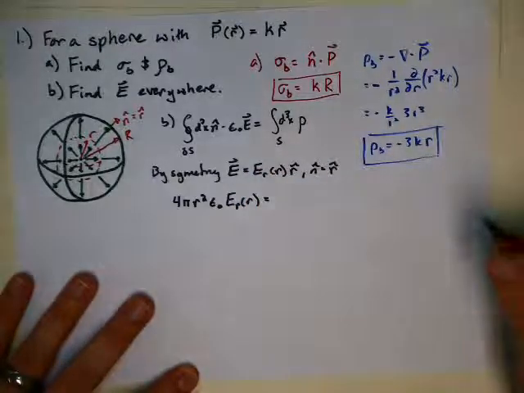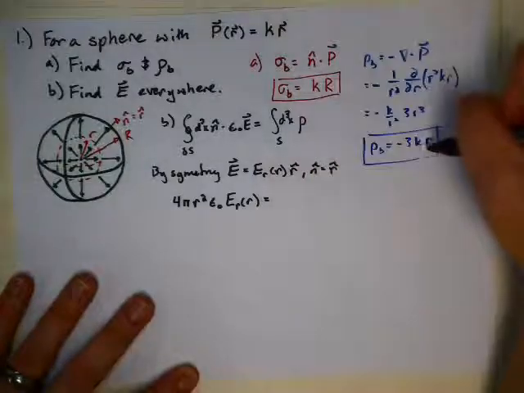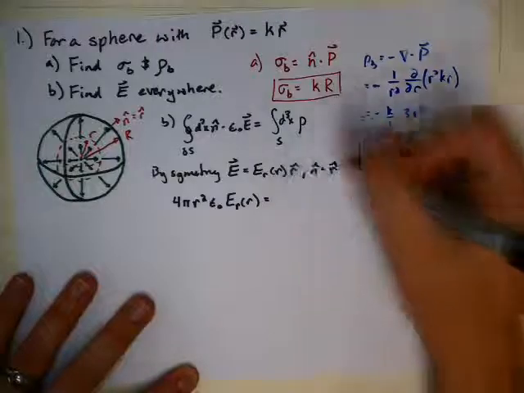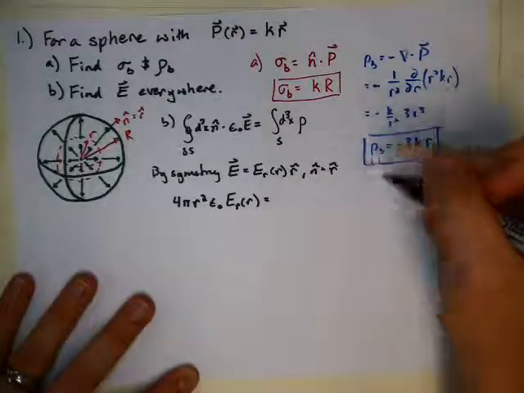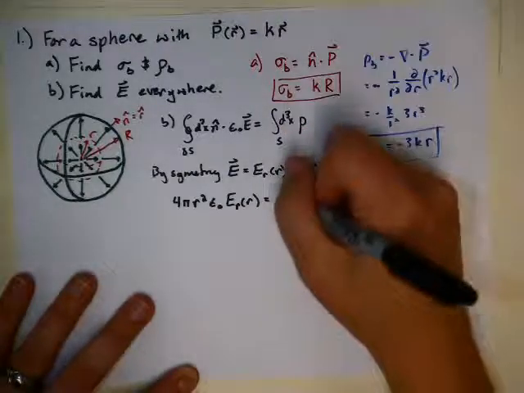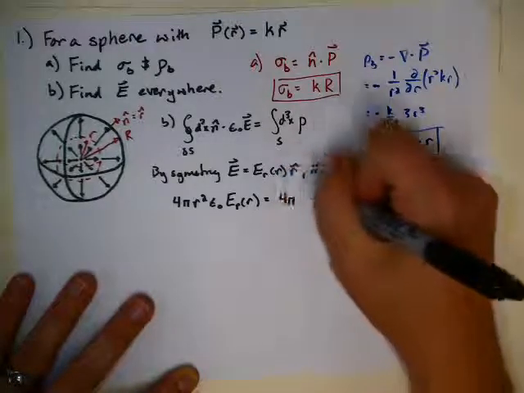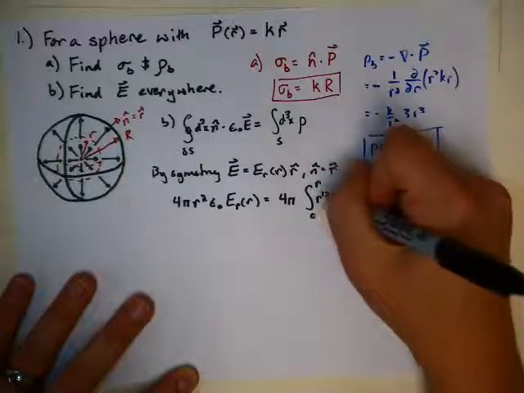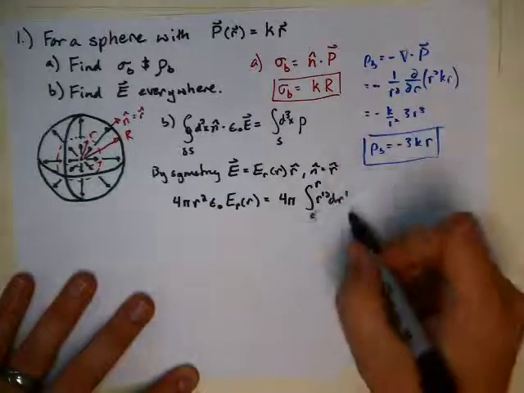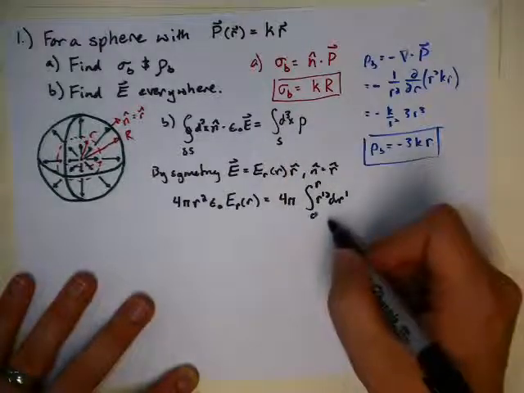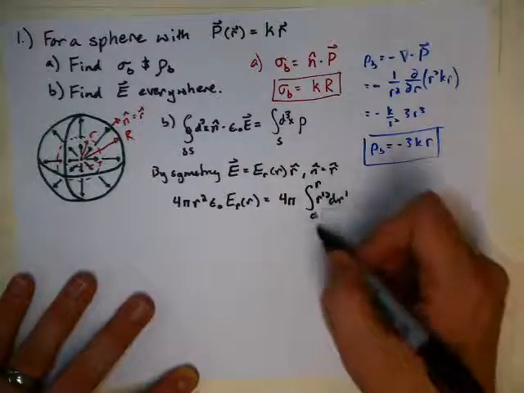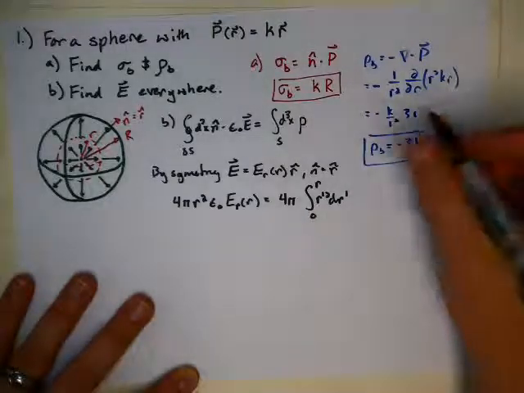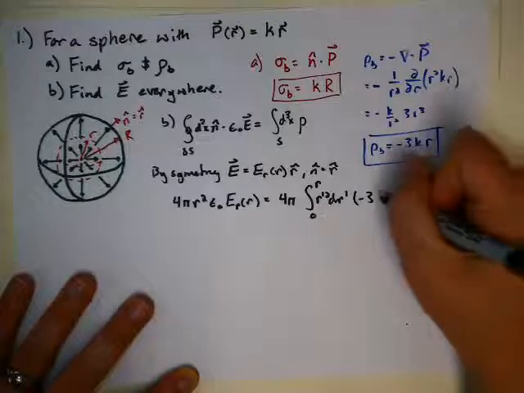And then on the right-hand side, rho is not constant inside, so I have to do the integral. In radial coordinates, this is going to be 4 pi, the integral from 0 to r of r prime squared dr prime, which is this d3x, because we don't depend upon theta or phi. Then we have rho, which is minus 3k.